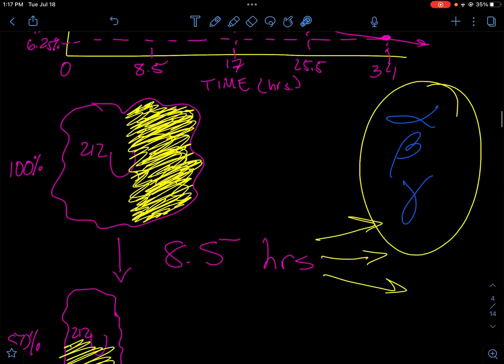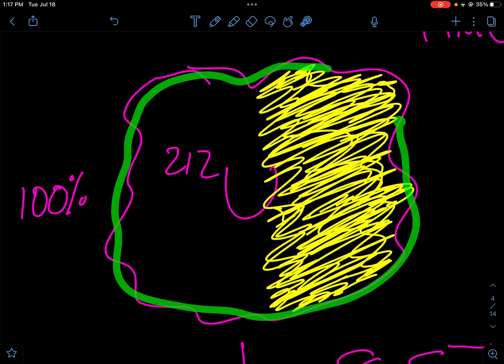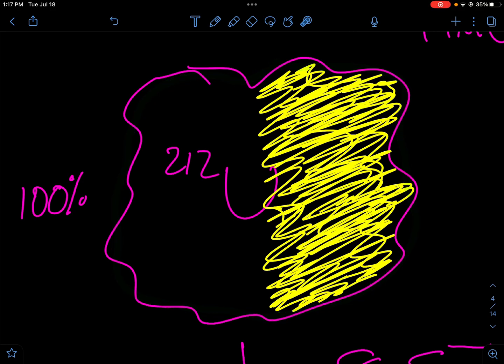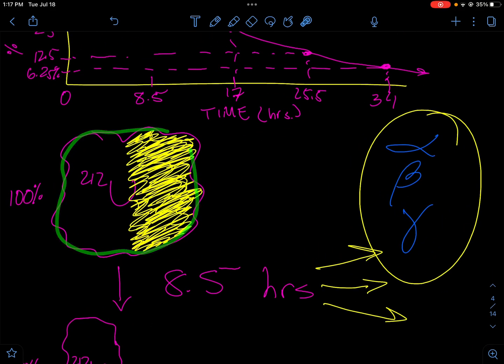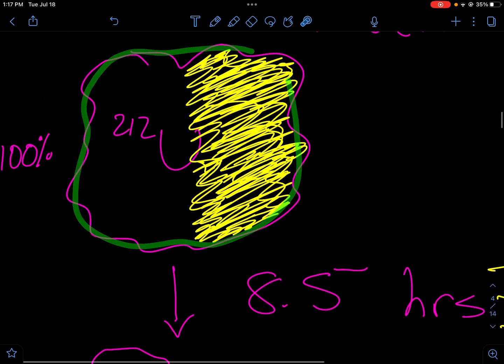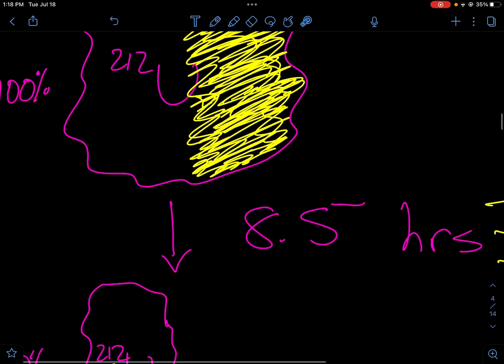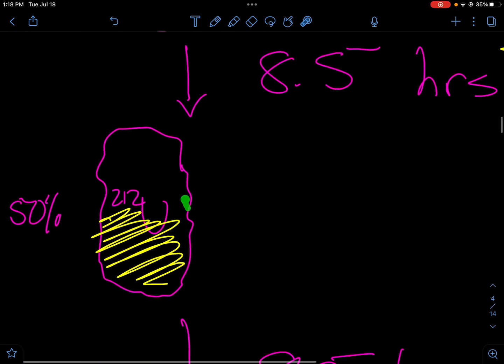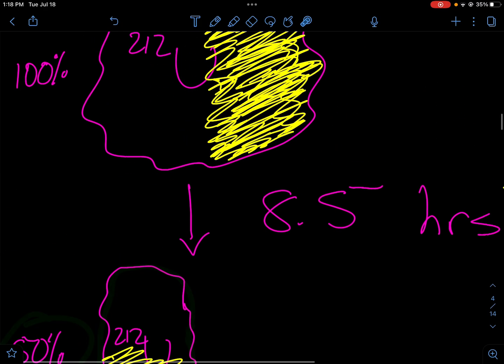So imagine you have this big purple clump of uranium-212. After 8.5 hours, half of this uranium-212 is going to decay into some other element. And then you're only going to be left with this purple clump of uranium-212, 50% of the original 100%.